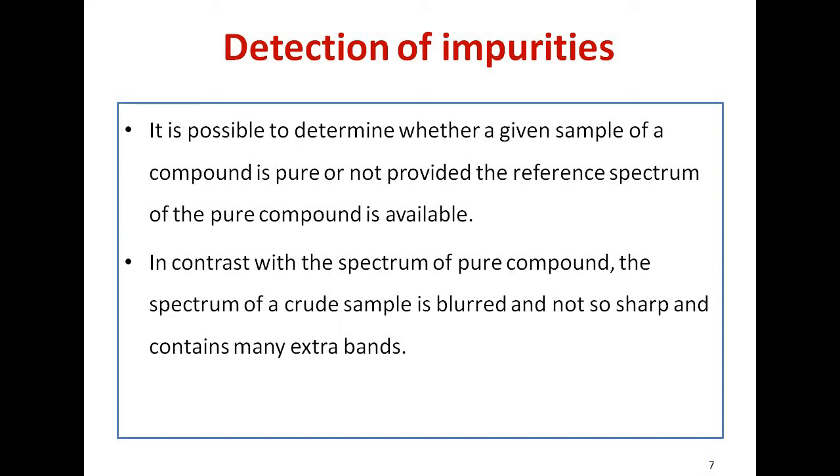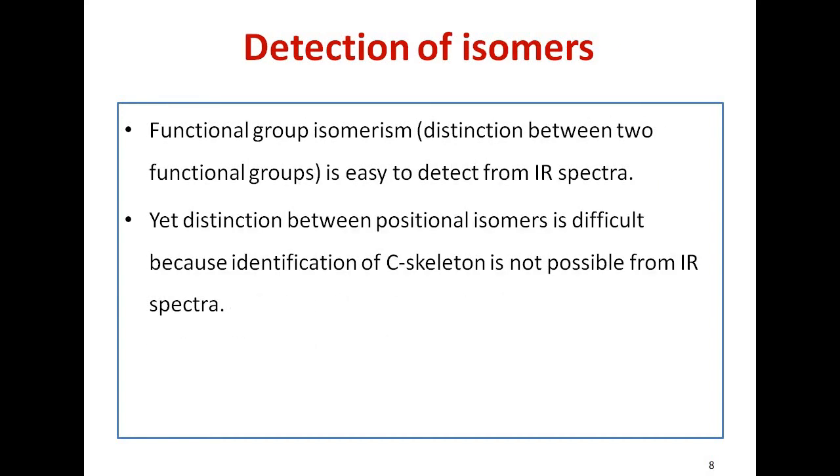For example, a ketone as an impurity in an alcohol leads to a rather poor spectrum having an additional absorption band due to the presence of the carbonyl group.